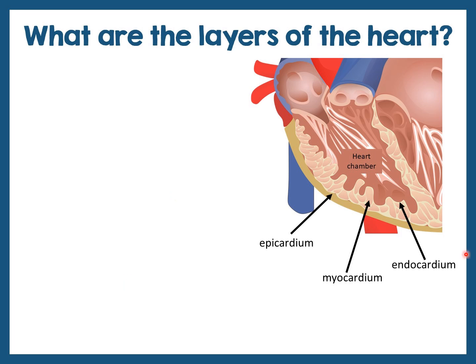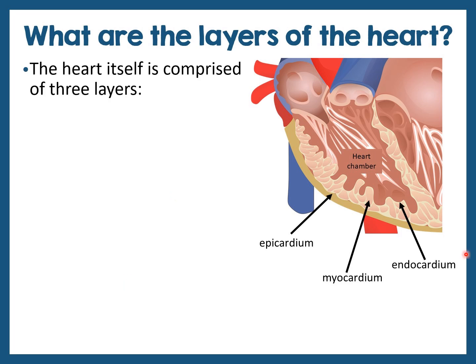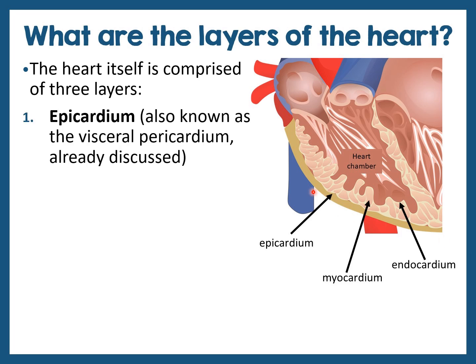So the heart itself is actually composed of 3 layers. The outermost layer is shown as this layer right here. This is called the epicardium. Epi means covering or outer, and cardium is heart.